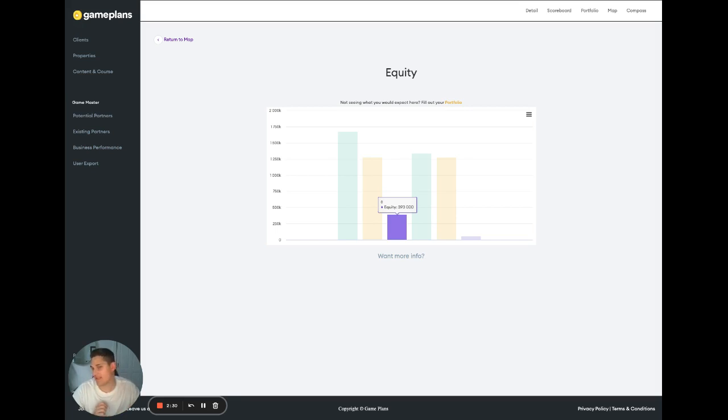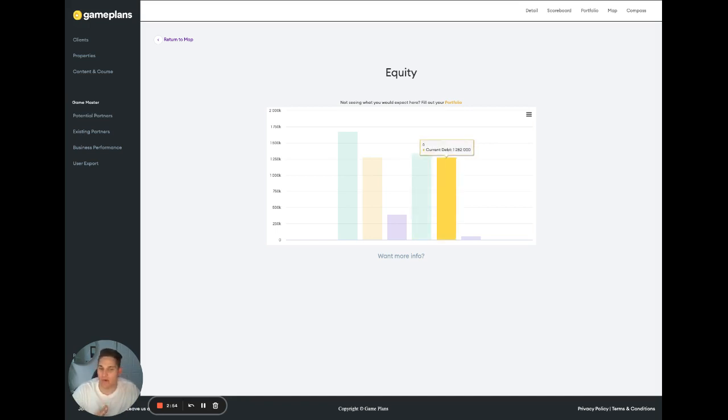Borrowable equity is how much we can actually extract or pull out of the portfolio to use for a deposit or have in an offset account. The way we calculate this is, if we were to go to an 80% LVR and refinance our whole portfolio, we could bring out new debt of around 1.34 million.